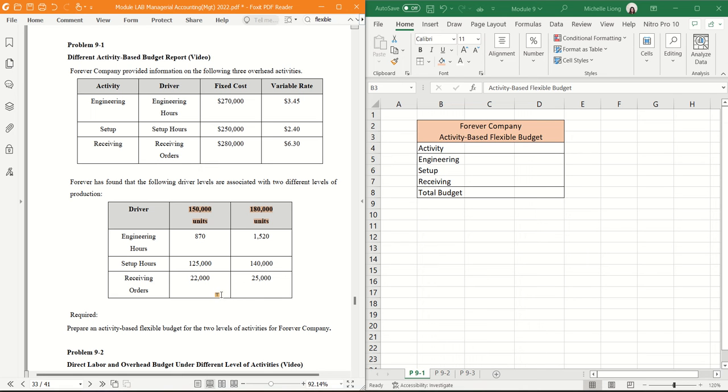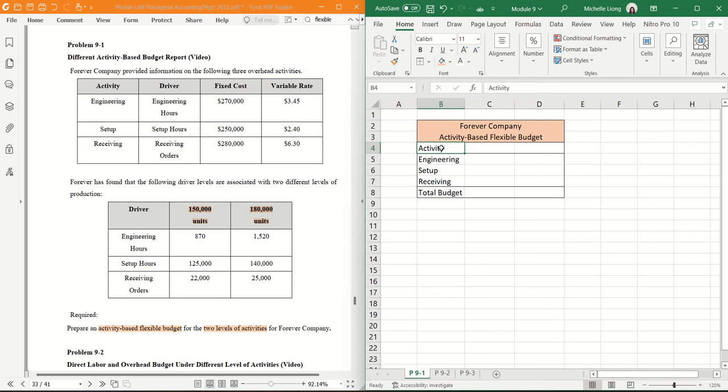So the requirement for this problem is to prepare an activity-based flexible budget for the two levels of activities for Forever company. When we're talking about an activity-based flexible budget, we are going to use this table right here, and basically we just need to fill in what is asked for.